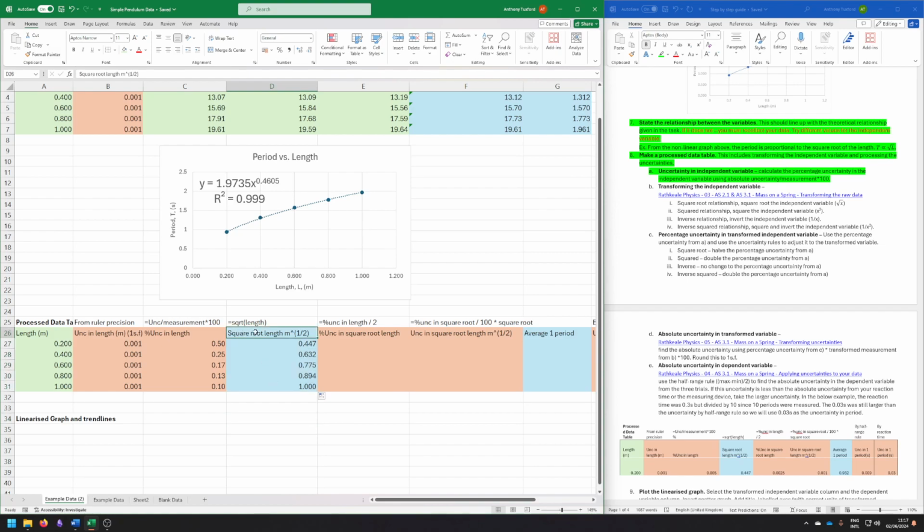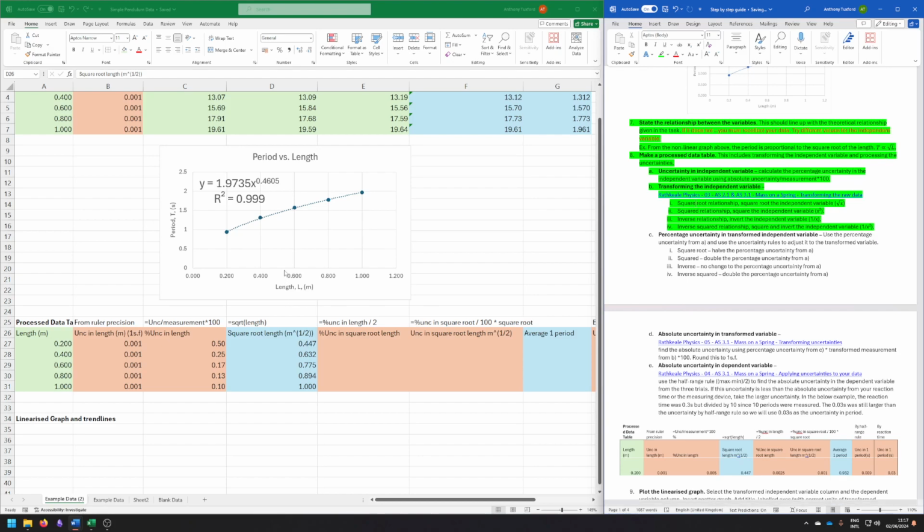Nice. And so in my heading, I've written square root length, and the units, it's a little bit finicky on Excel, but meters to the power of a half. In other words, that's the square root of meters. So we have transformed our independent variable.